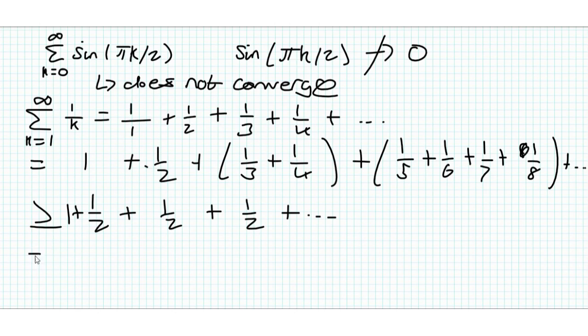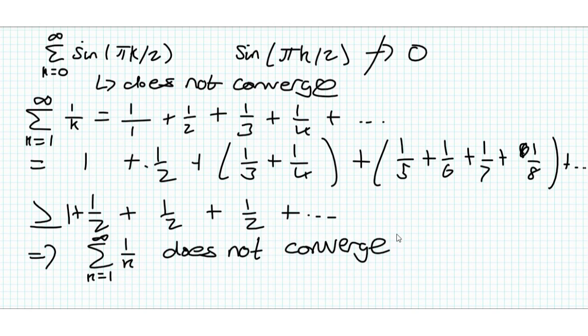But the point is that this sum from k equals 1 of 1 over k does not converge. And if you don't know what I mean about finding some value in the sequence such that we end up greater than m, then be sure to check out the video that I'll link in the cards now on sequences.